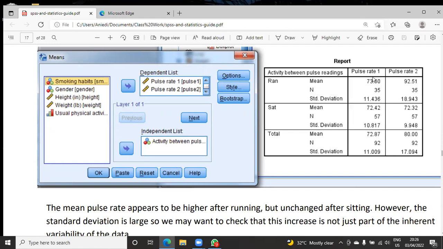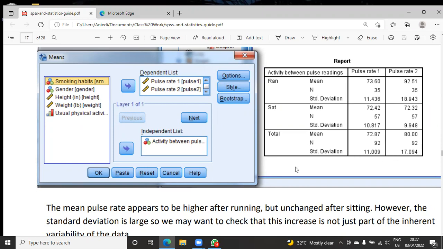So we will believe that pulse rate 1 was before the person started running, and pulse rate 2 is after the person started running. Same thing for before the person sat down and after the person sat down. You notice that the pulse rate increased after somebody ran, and it reduces when somebody sits for a long time.